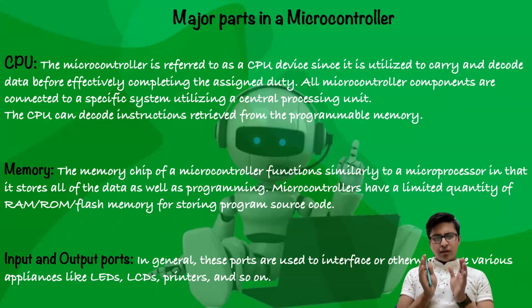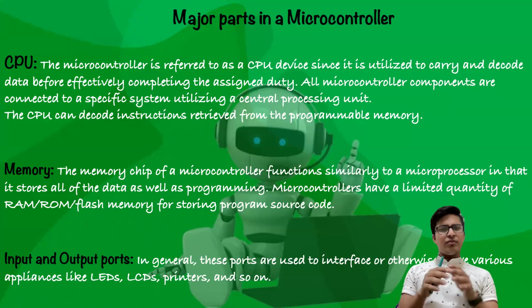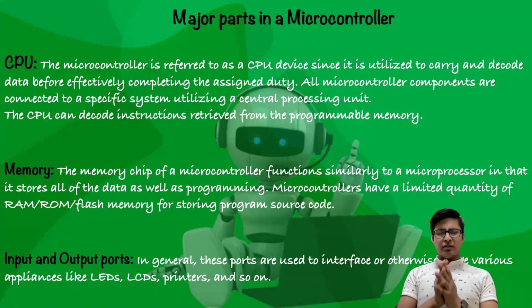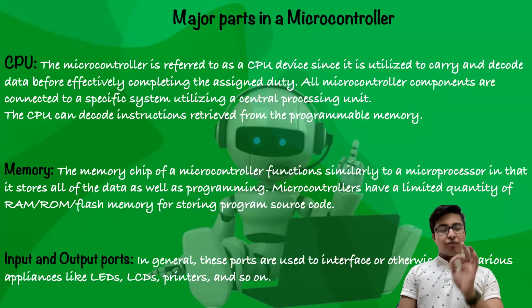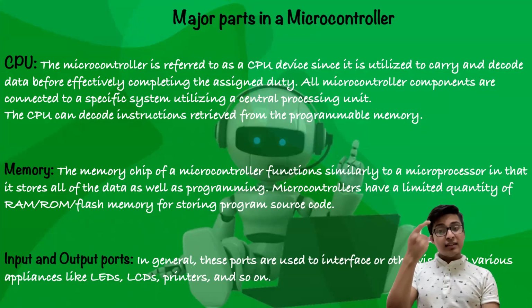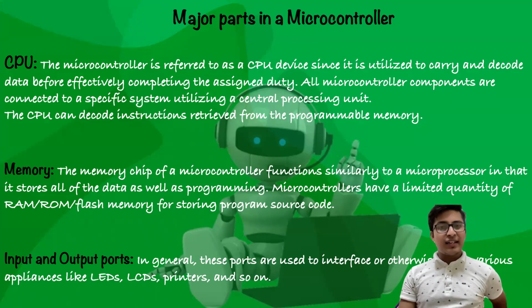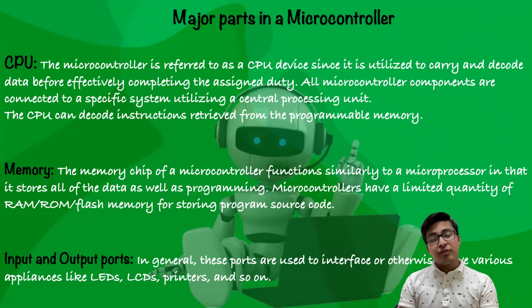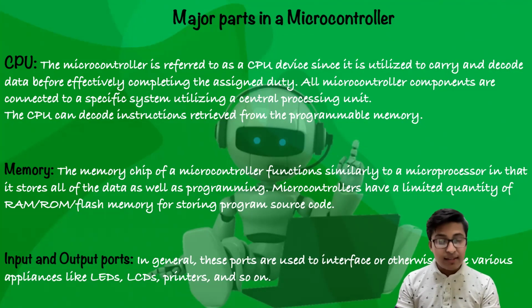In a microcontroller board, a small board, you can take the very basic example of an Arduino Uno, maybe the most famous one that we'll be working with. First of all, the CPU, of course, the central processing unit. We all learned the full form, it used to come in our examination in our childhood. The microcontroller is referred to as the CPU device.